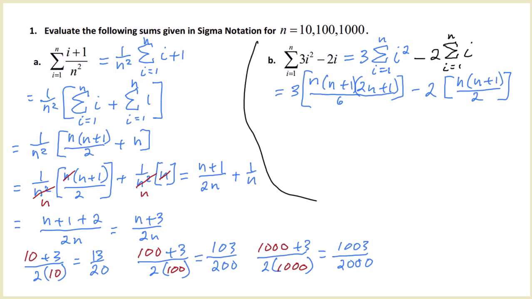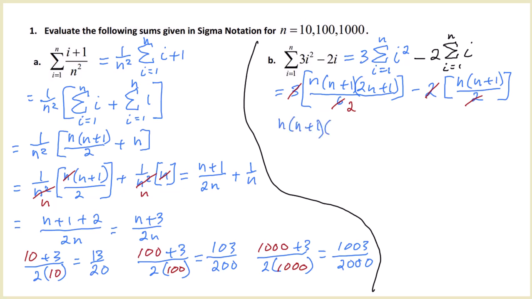All right, so it's going to take a minute here. Next thing I can do is cancel. So I've got n times n plus 1 times 2n plus 1 over 2. And then my second term out there is just going to be n times n plus 1.